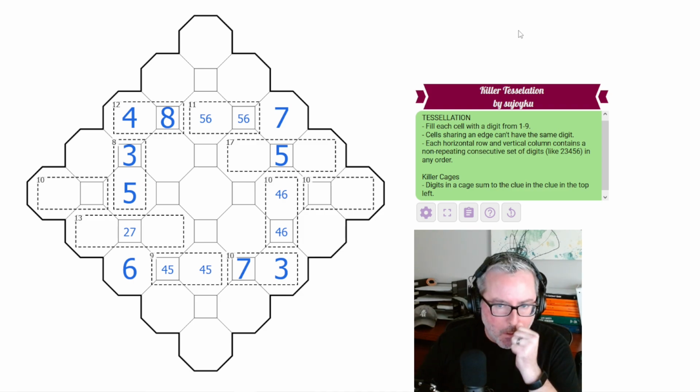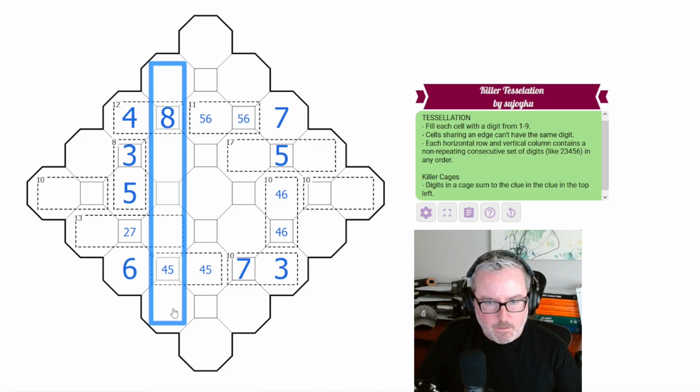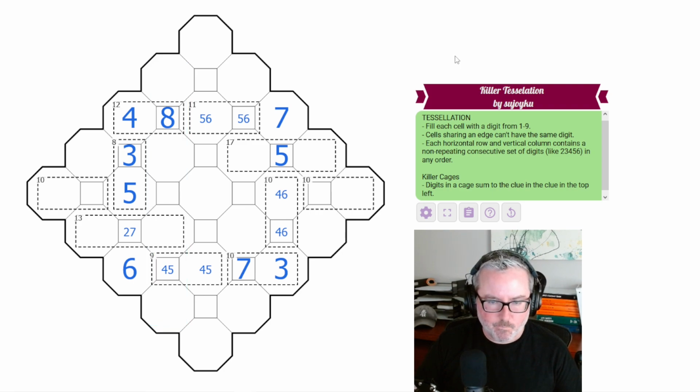Okay. What else do we know now? Is there anything with these guys that we can deal with now that we have some digits given? 9, 8, 7, 6, 5, 4, 3. So we have to have a 7, 6, 5, 4, and 3 in this column.